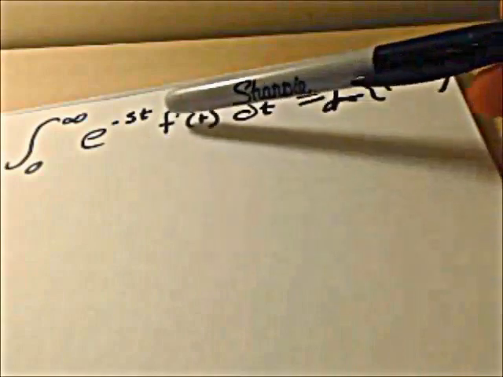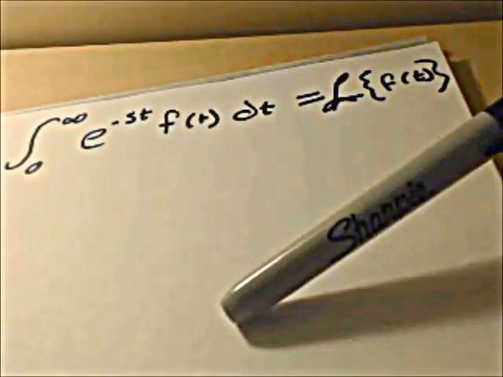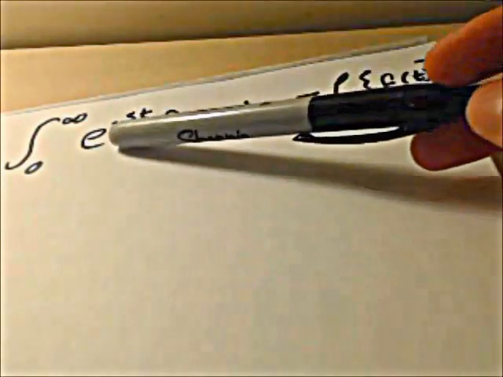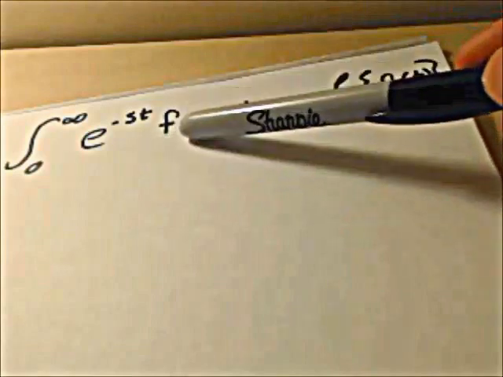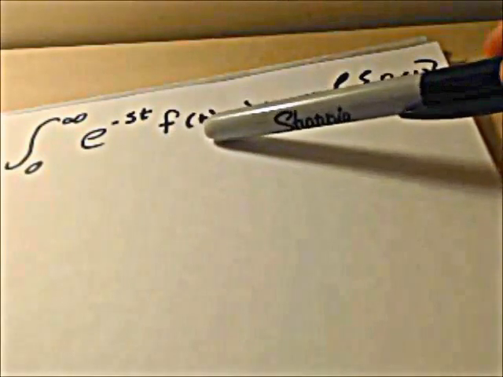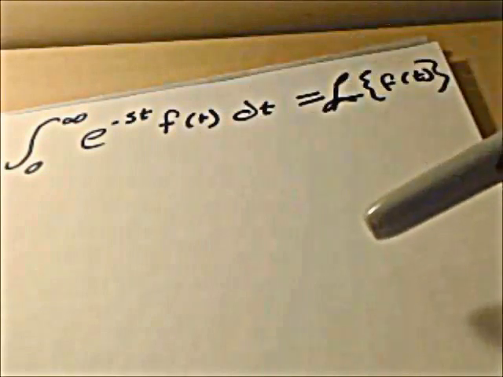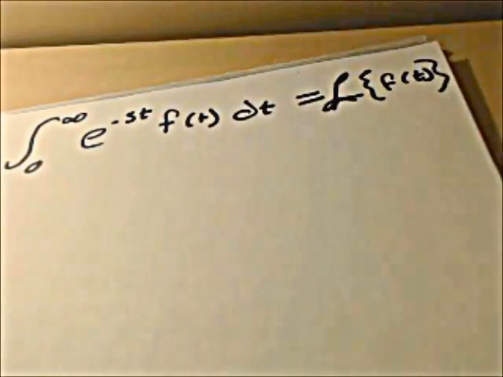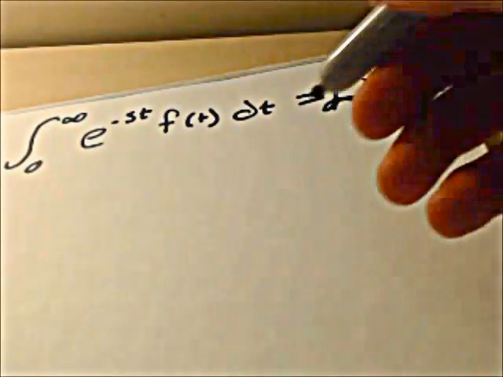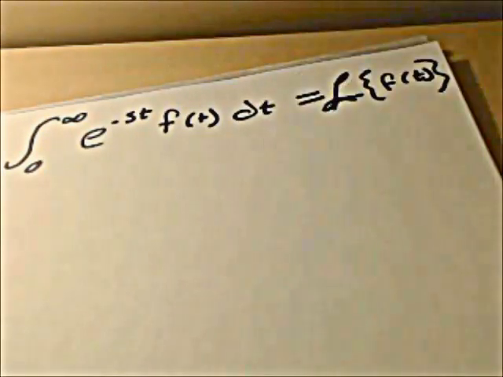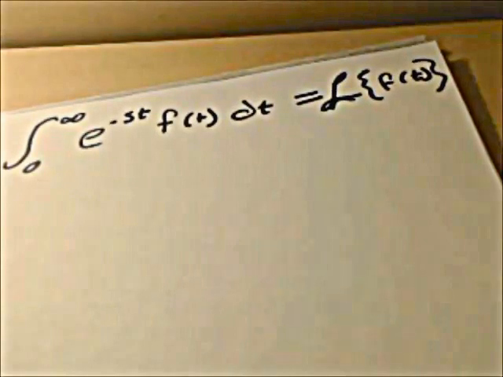It could be k or a. I'm going to call it s here, and then times that function that we're taking the Laplace of, dt. So let's take an example here just to prove that the formula is correct.